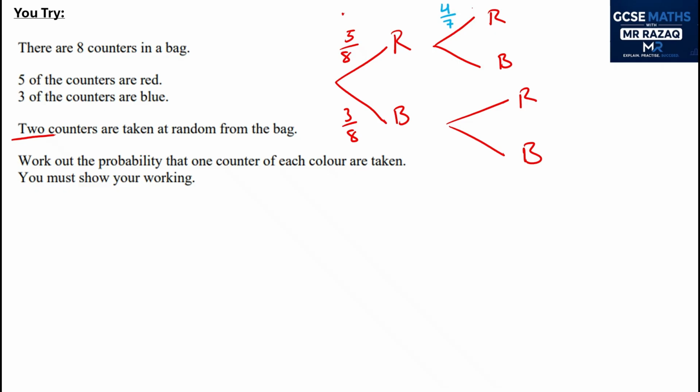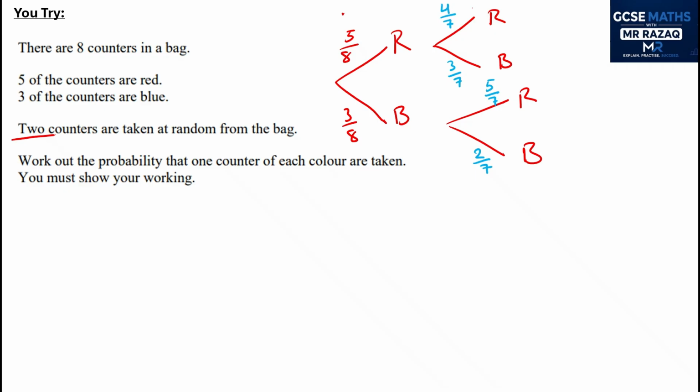Blue is not affected, so it would be 3 out of 7. Red over here in the second pick, if it's not affected, then it would stay as 5 out of 7. And if in the first pick blue is picked, then this would be 2 out of 7. So this is my probability tree diagram.